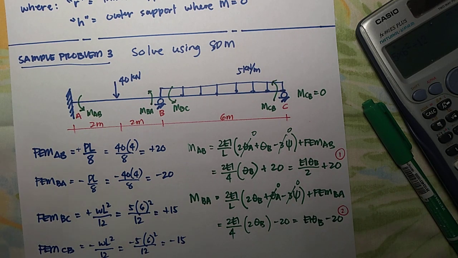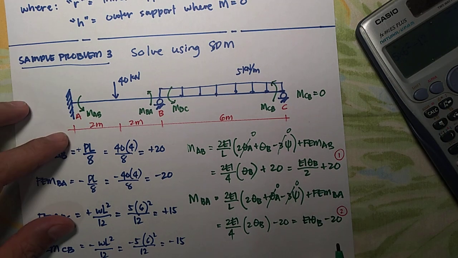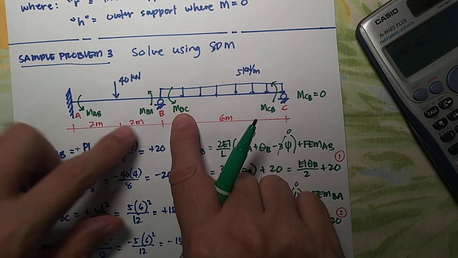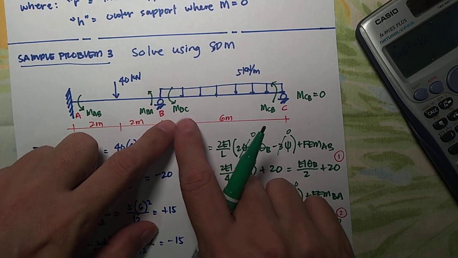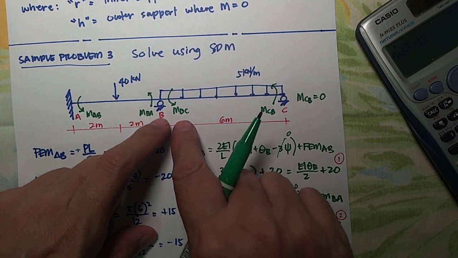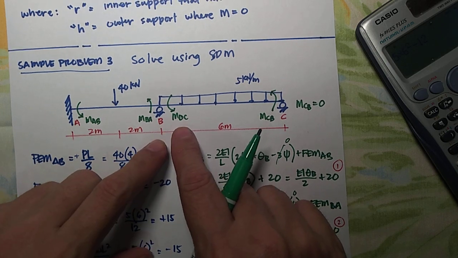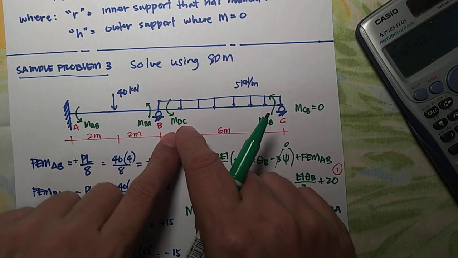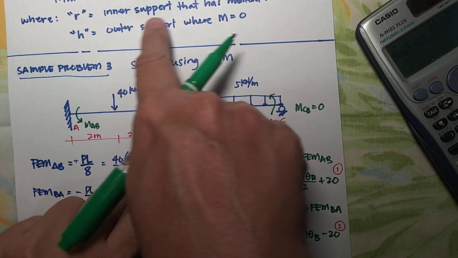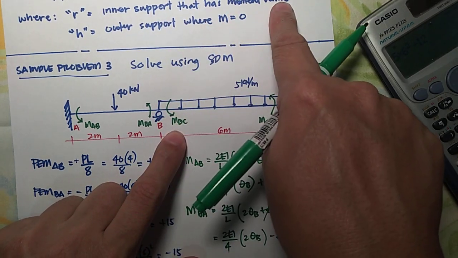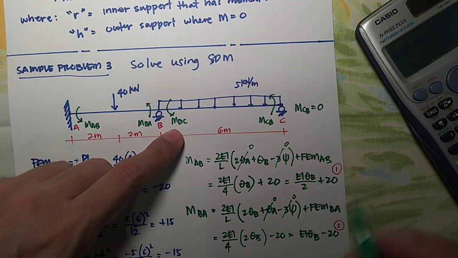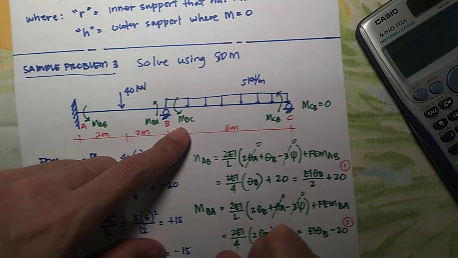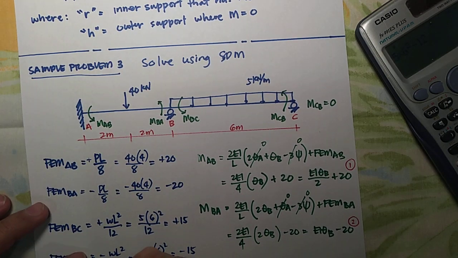Okay, now next, how about for MBC? MBC is the moment on the inner support that has the moment value, and MCB is already 0. So how do we write the MBC? So let me write it here.